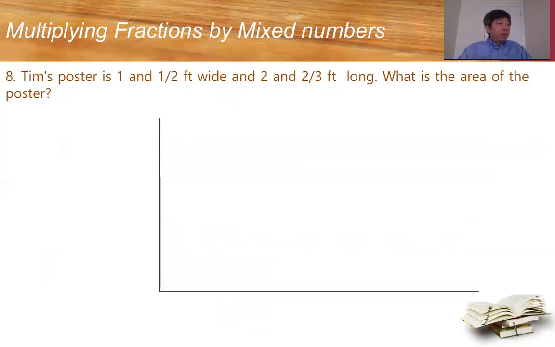Now, the next problem is another mixed number multiplication. King's poster is 1 and 1/2 feet wide and 2 and 2/3 feet long. What is the area of the poster?